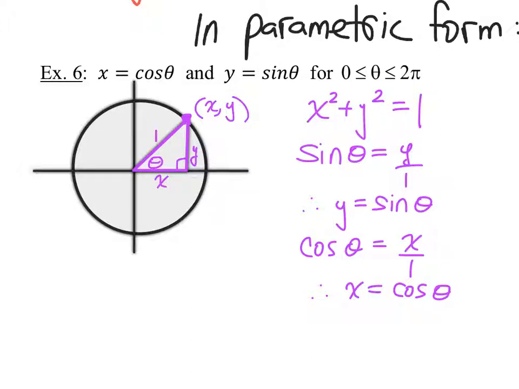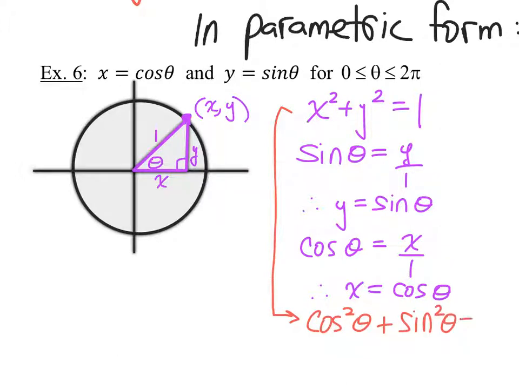So the consequence of this is that x and cosine of theta are the same thing on the unit circle, and y and the sine of theta are the same thing. So we get cosine squared theta plus sine squared theta is equal to 1. That's a well-known fact. It's known as the Pythagorean Identity.